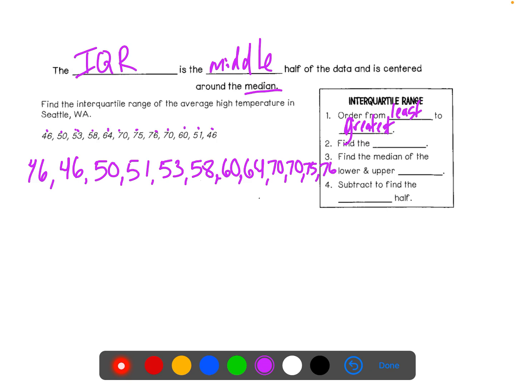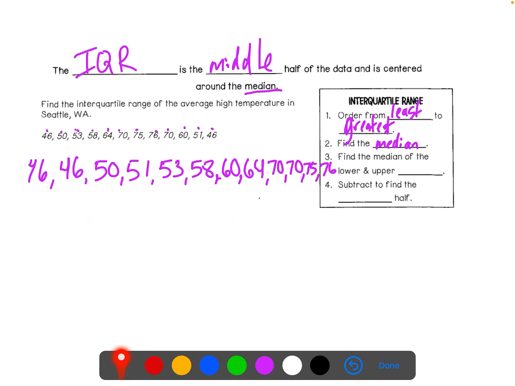The next thing we're going to do, just like when we did this a couple lessons ago, is find the median. And remember, that is the very middle of our data. So we're going to work from the outside into the center from both directions and find that middle quantity.